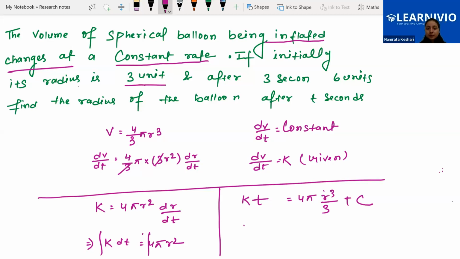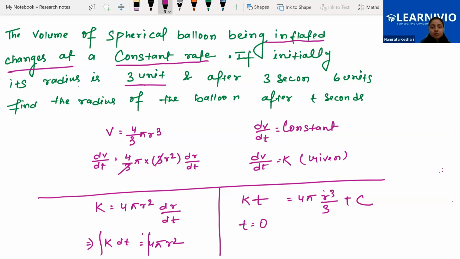Initially means when t is equal to 0. Okay, ma'am. t is equal to 0 and r is equal to 3.